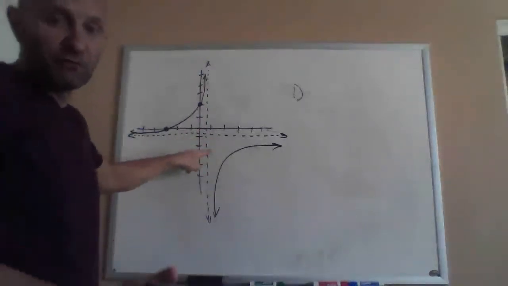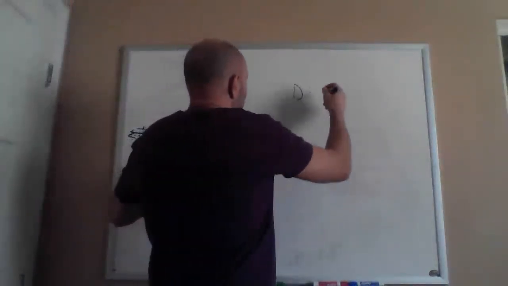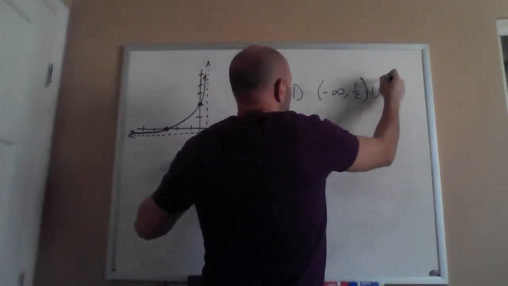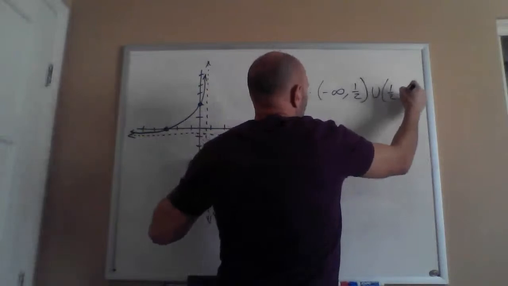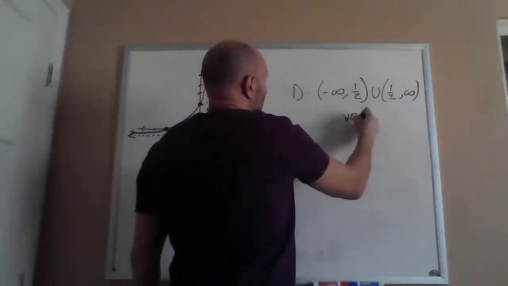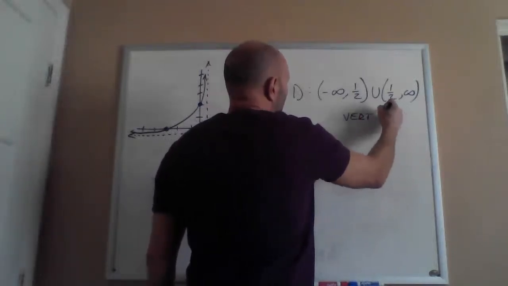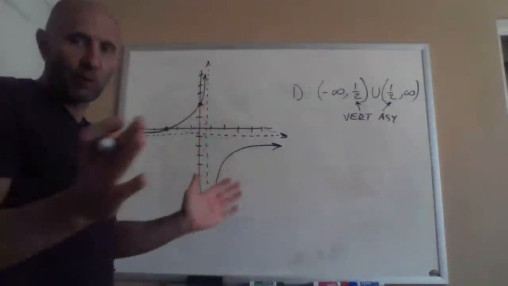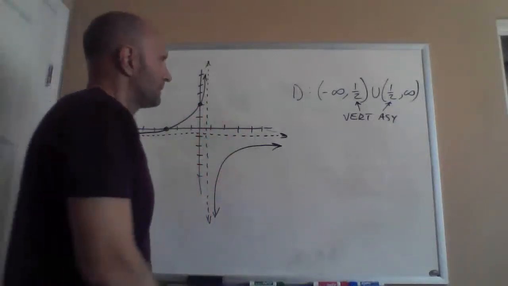And that's what? That was my vertical asymptote, which is at 1/2. So the domain is negative infinity to 1/2 union 1/2 to infinity. And this domain is always going to have the vertical asymptote as the breakpoint in our union.